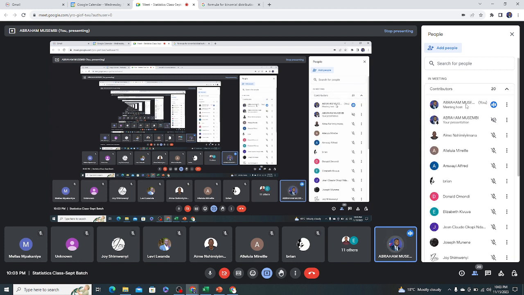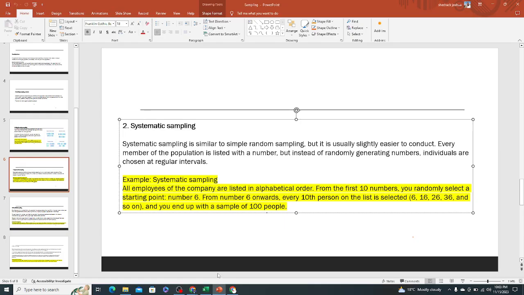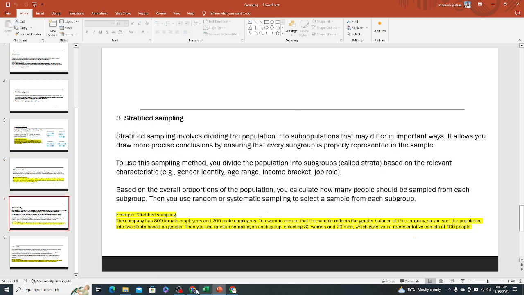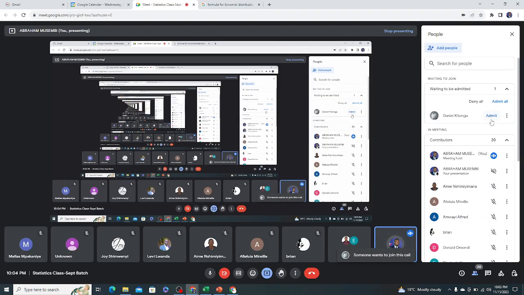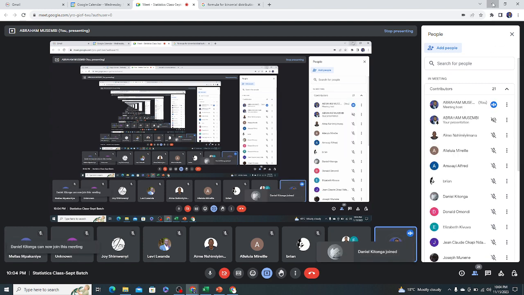We might also go to another department and find that we have another 12 people. Of course we can take all those 12 and 10. So in that case, we are going to combine two sampling methods, and you'll see we have a name of a sampling method which does combine that. Okay, good. Let me admit someone. Okay, good.